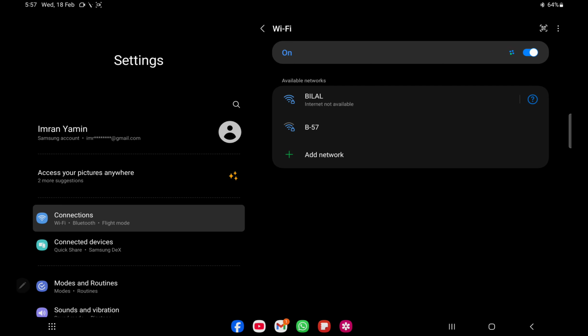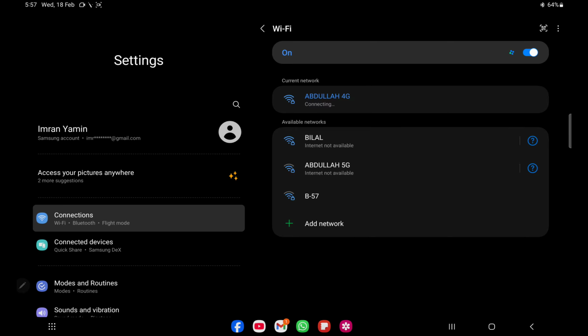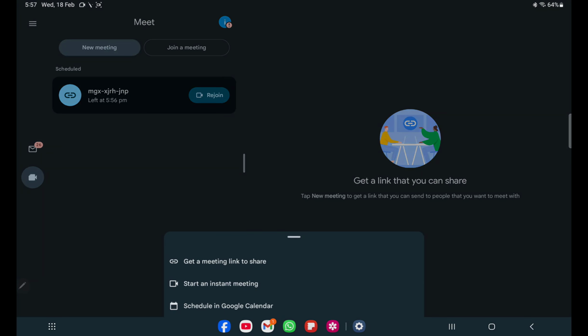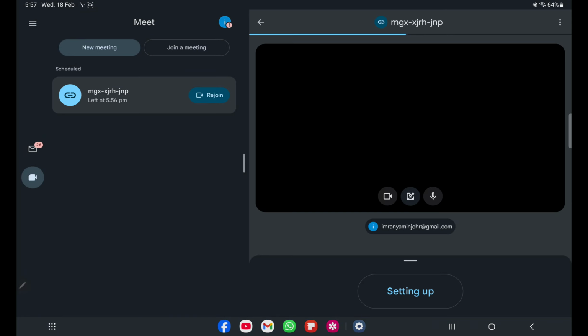As it resumes or reconnects, then I can restart my class. I am waiting for Abdullah 4G internet. Yes, Abdullah 4G is connecting, and now it is connected. So I should restart or rejoin the same class.